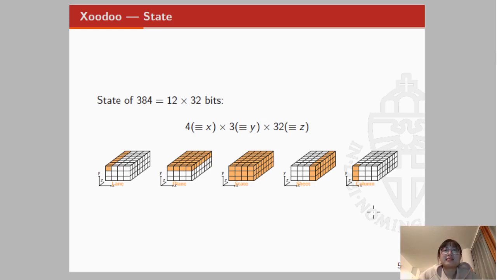Along the x-axis there are 4 bits, along the y-axis there are 3 bits, and along the z-axis there are 32 bits. There are also 5 special notions. These 32 bits compose a lane, and this is a plane. The whole bits compose a state, and this is a sheet. These 3 bits compose a column.